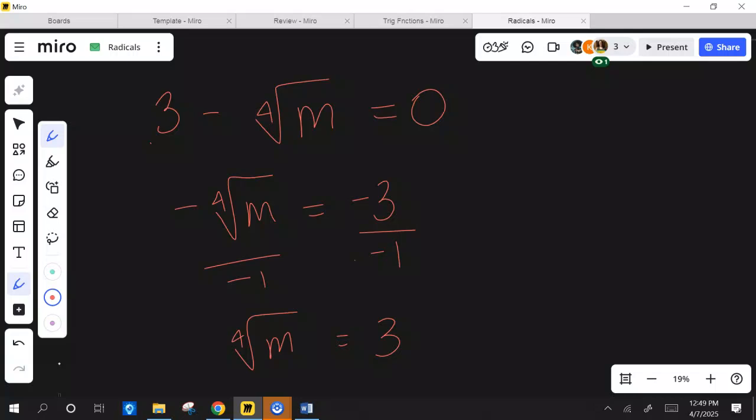Now, the other way to get to this point, and one step less, which is what Aubrey was talking about, is you could just add the 4th root of m to both sides so that you end up with 3 equals the 4th root of m. It doesn't matter which side, either way you get the same thing. Way faster, a little less work.